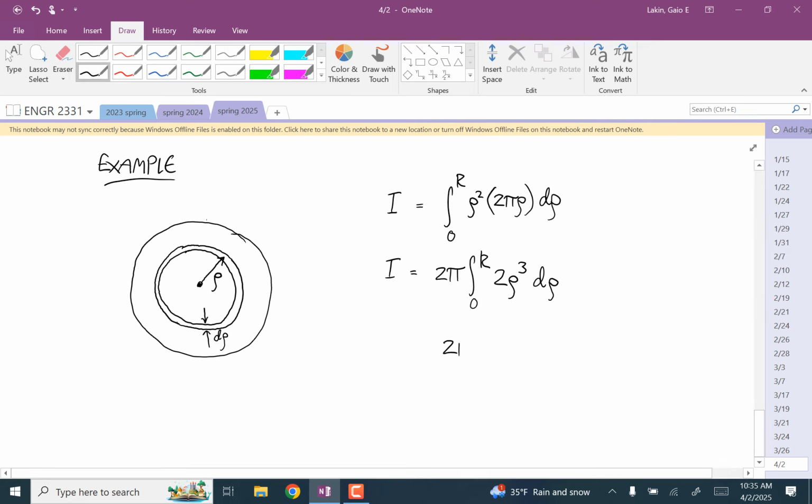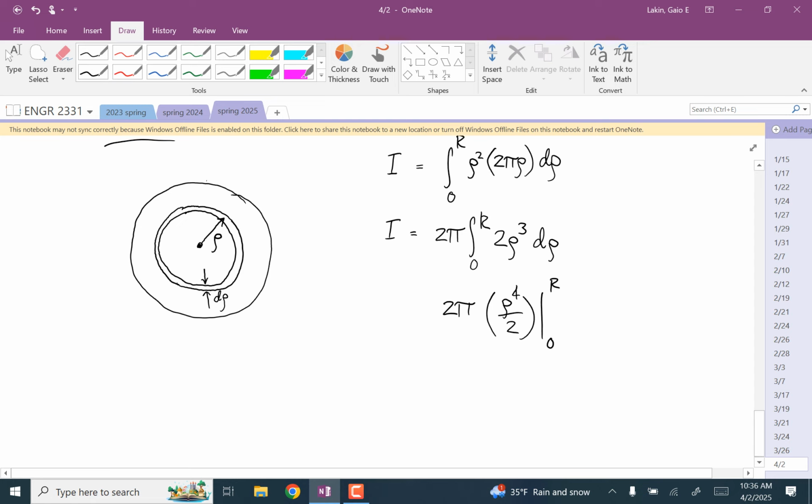And so we've got 2 pi times rho to the 4th over 2, evaluated from 0 to R.